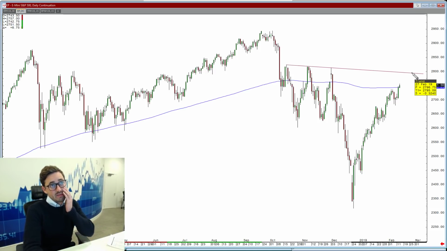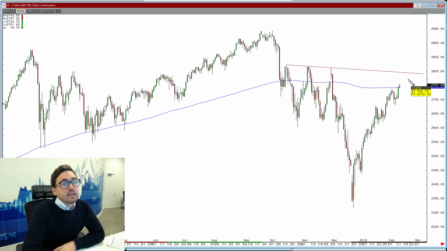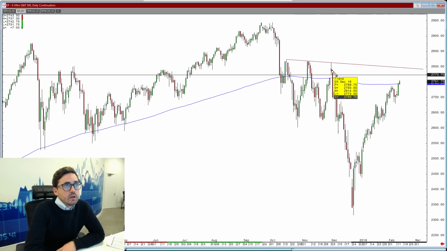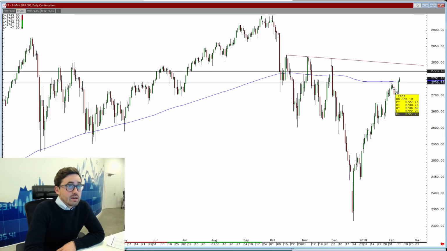I don't necessarily think we're going to get there today, but if we had a day like yesterday, which is not completely out of the question, we wouldn't be too far away from there. Just before that though, you've got a bit of support from that low we had on the 3rd of December. So 27.73 would be an area I'll keep an eye on, and then to the downside, obviously the 200 moving average and the high that we had from the 5th of February, the previous high of the year.